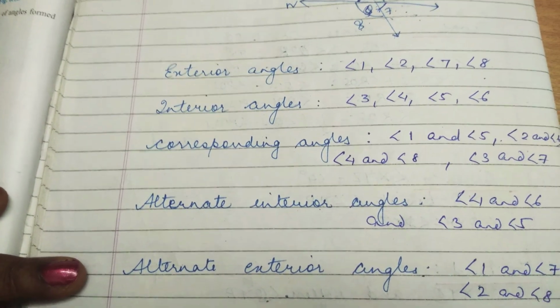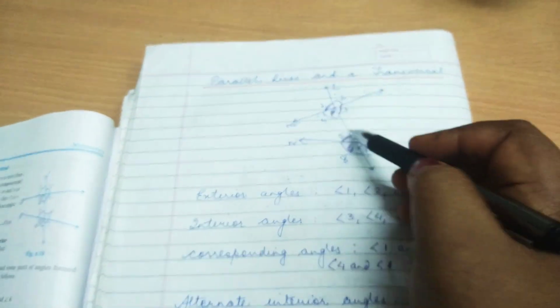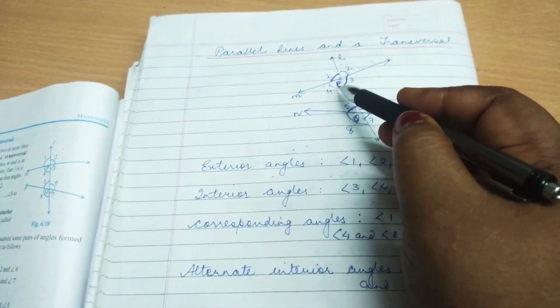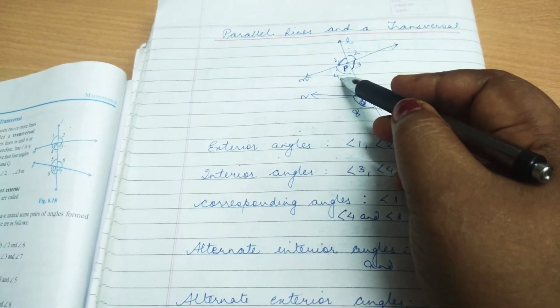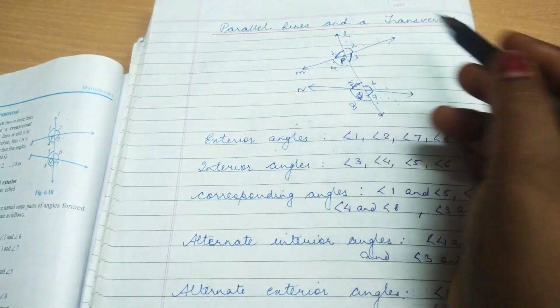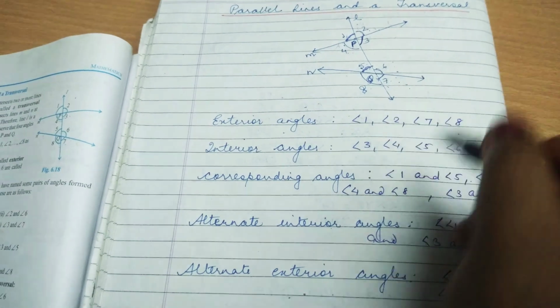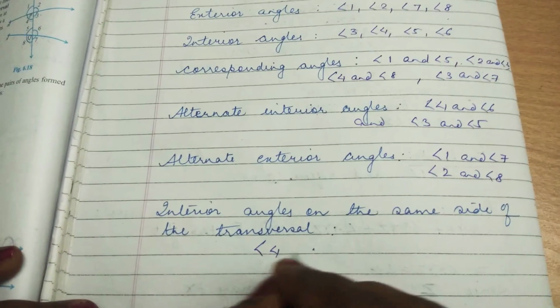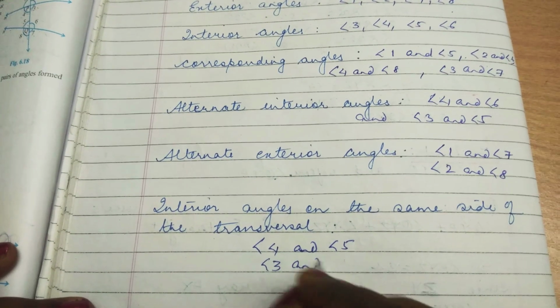Now interior angles on the same side of the transversal means those interior angles which are lying on the same side of the transversal. What are they? On the left hand side of the transversal we find interior angles angle 4 and angle 5, and on the right hand side of the transversal the interior angles are angle 3 and angle 6.